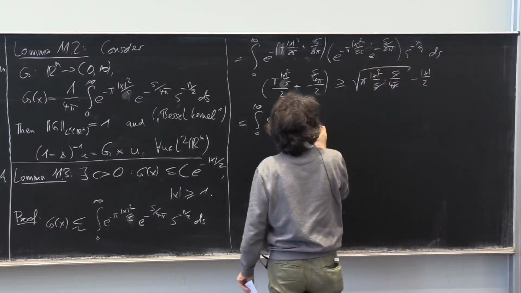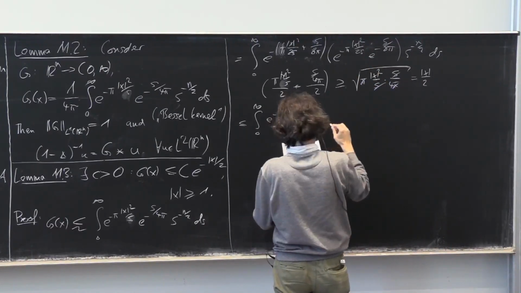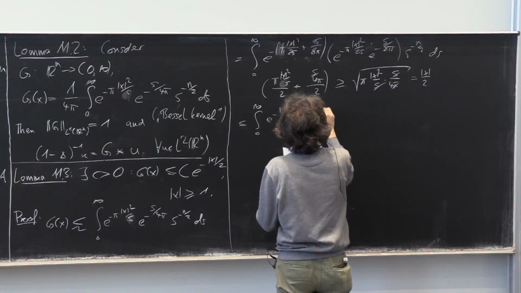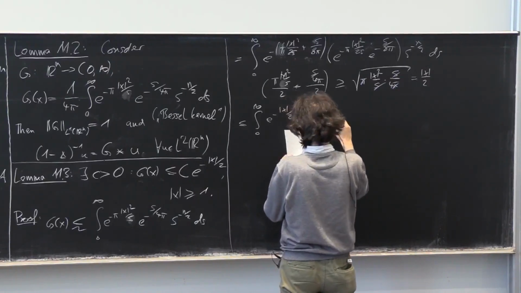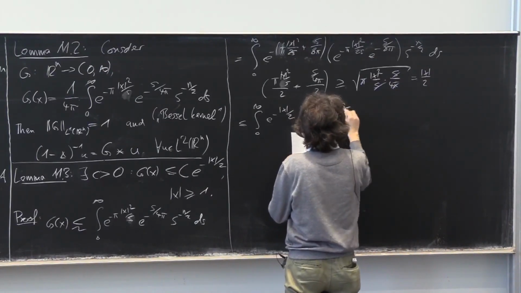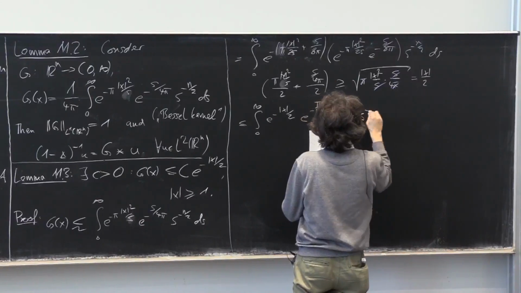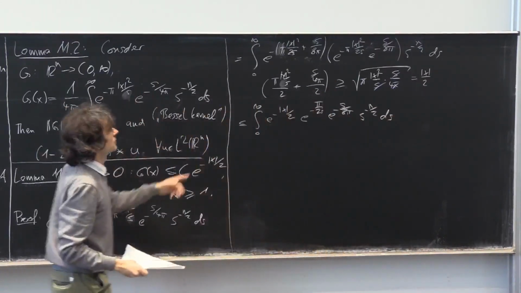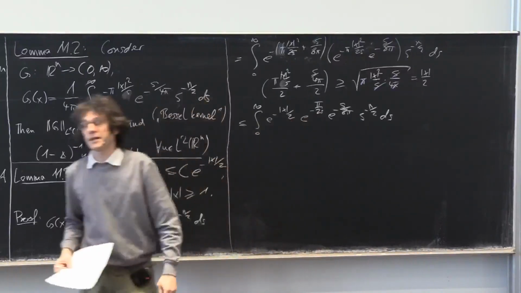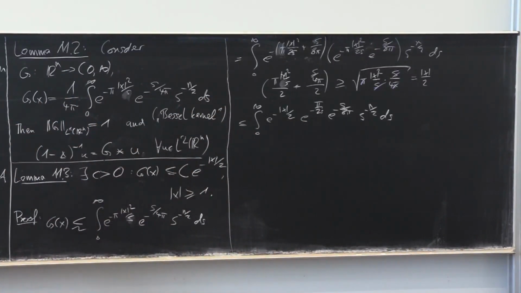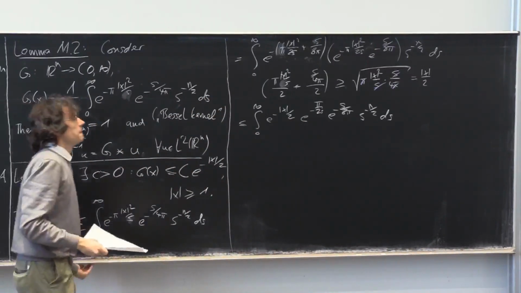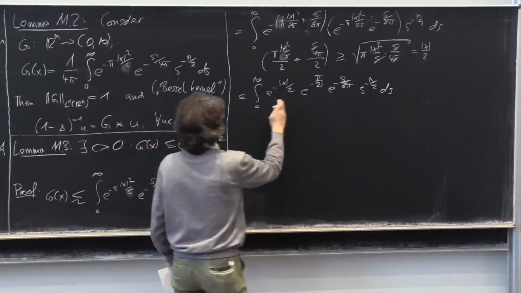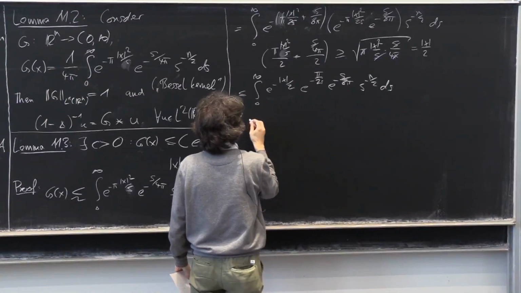So what you have is e to the minus pi over 2s, e to the minus s over 8 pi, s to the minus n halves ds. So we use this inequality, and just in the second factor, that the modulus of x is greater than 1. Okay, so this does not depend on s. You can take it out of the integral.